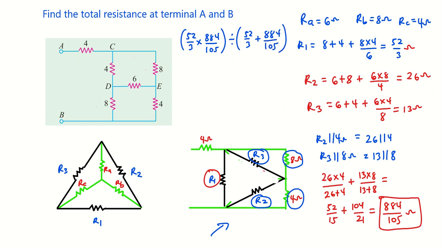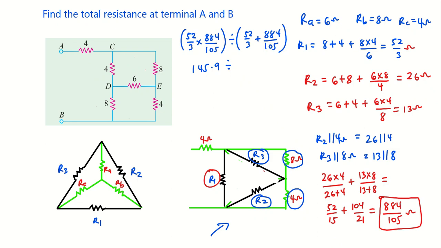So let's simplify this. In the first bracket, you have 52 on 3 times 884 on 105. Let's see what we get. I got 145.9, divided by, for the second bracket, 52 on 3 plus 884 on 105.